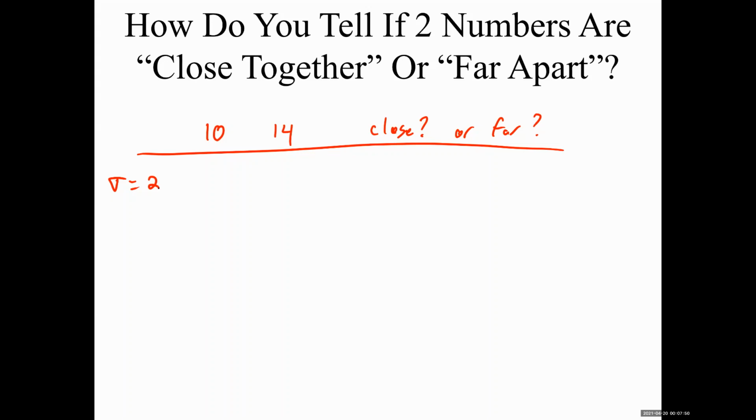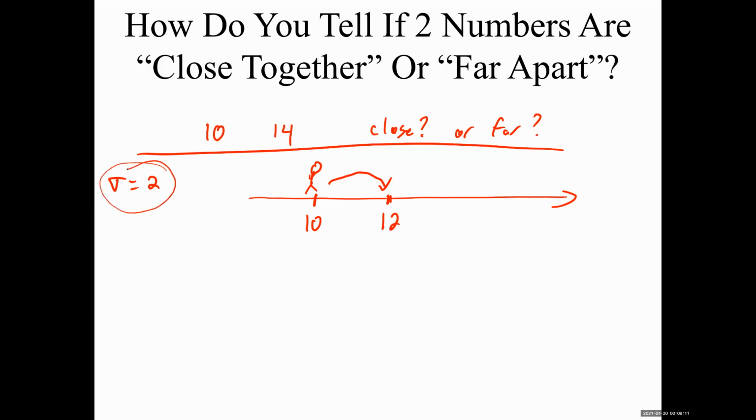I want you to now think of the standard deviation as a step size. So imagine there's a number line, and here's the number 10. You're standing on the number line, and you're going to walk to the number 14. If you take one step to the right, you end up at the number 12. So every time you take one step, you've moved over this much.